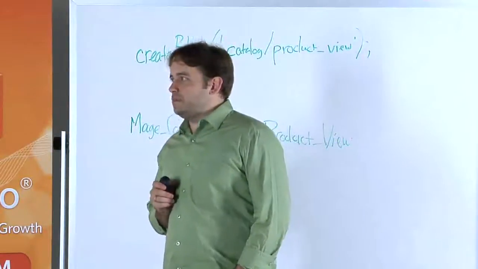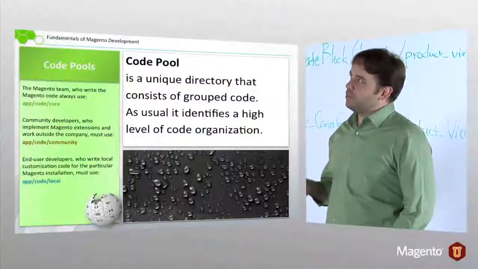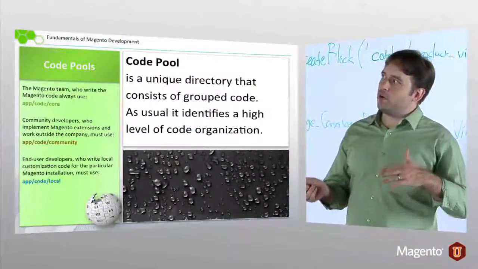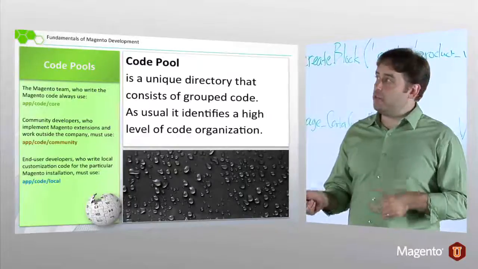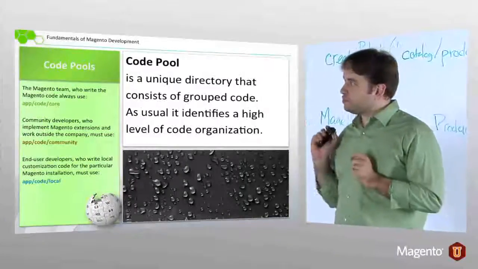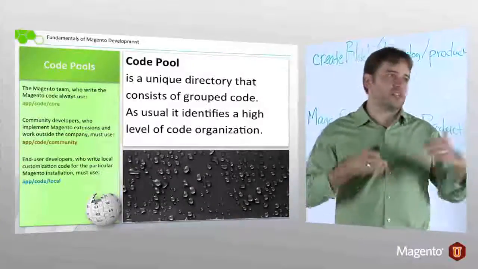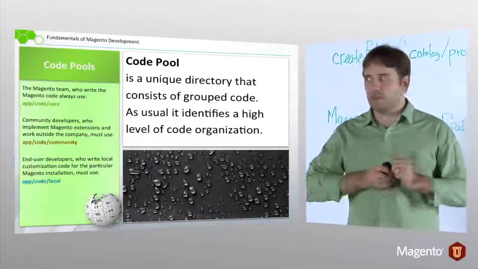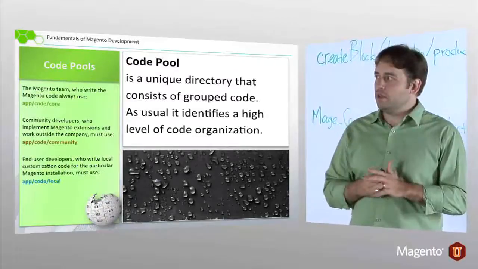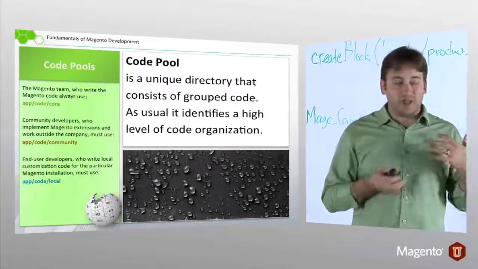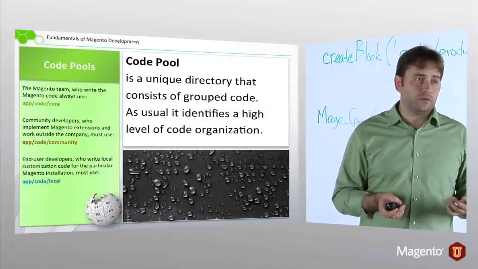More on that later, but for right now, just remember that code pools are under app code, and you have core, community, and local. Generally, community is for released extensions, modules that are out there for more than one person. Local will be where you'll be doing a lot of your own work.